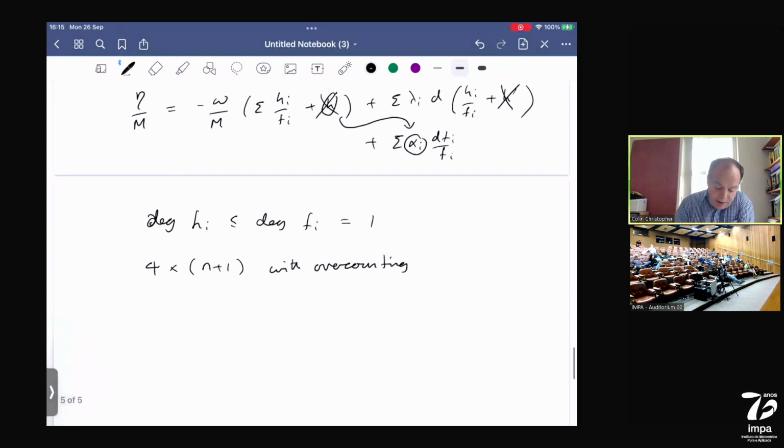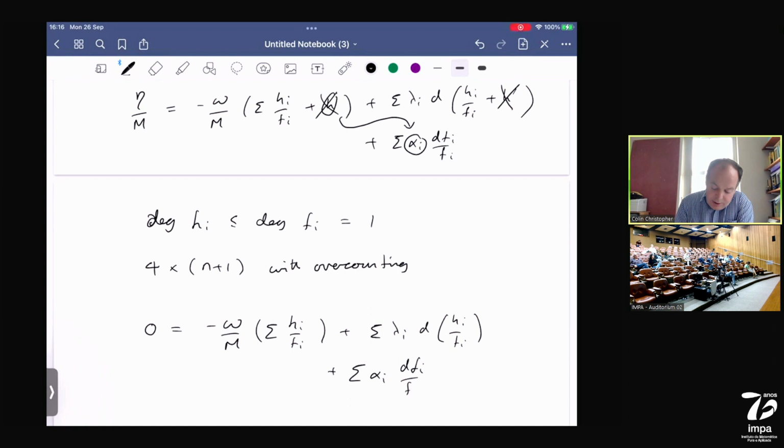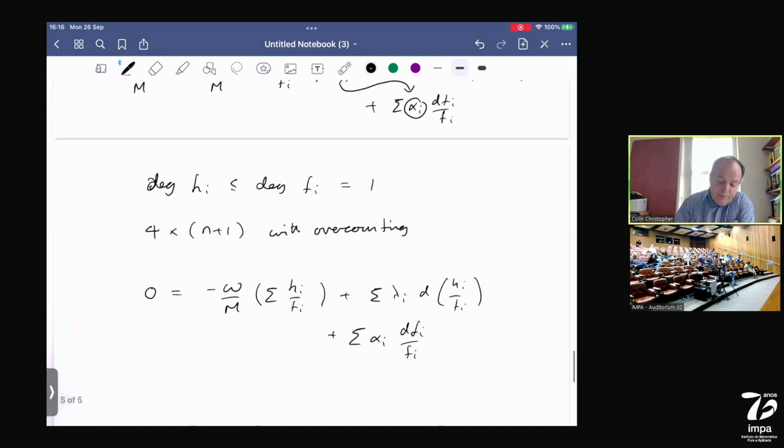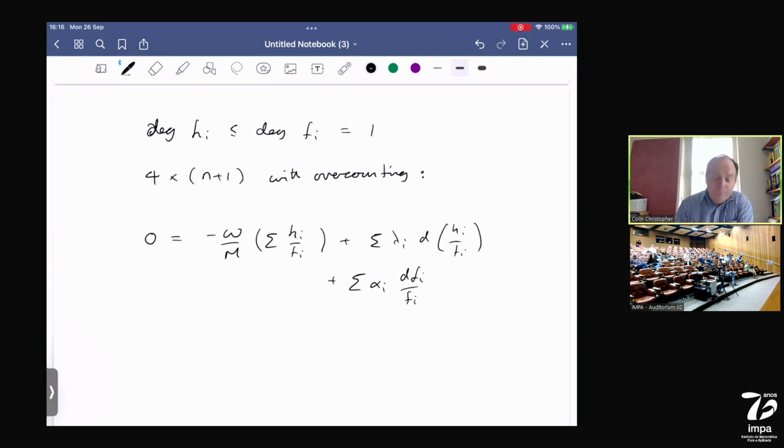So we need to look at what's the dimension of the space where minus omega over m times the sum of hi over fi plus lambda i d hi over fi plus the sum of alpha i d fi over f is equal to 0. How much overcounting have we done here? Well, if we look at this expression, we can take the exterior derivative of it. Clearly these 2 terms will vanish, and we're just left with minus omega over m.